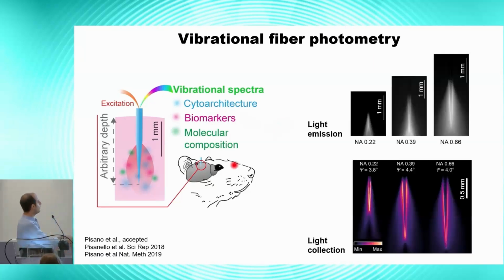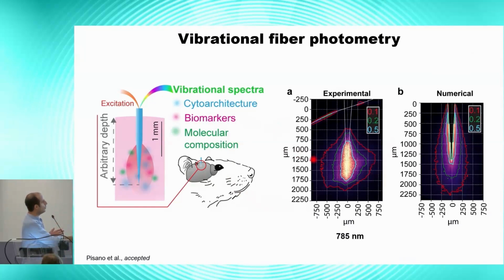Because the property of this particular fiber is that instead of emitting only at the end, you can use a cone to deliver light and to collect it back into your probe. And this allows you to recruit information from about 1 millimeter of tissue in depth. And in the case of the mouse, this is a lot. Consider that it is about a factor 5 or 10 with respect to what you can do with standard applications.